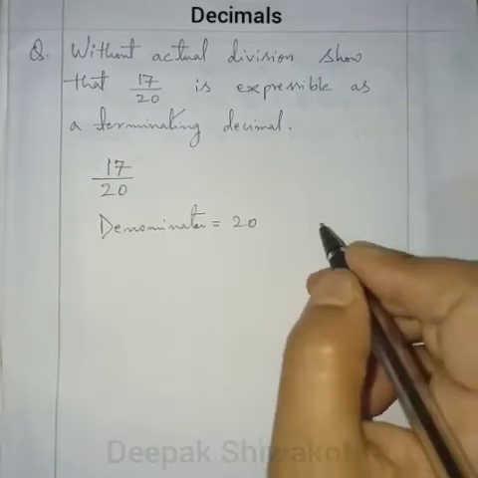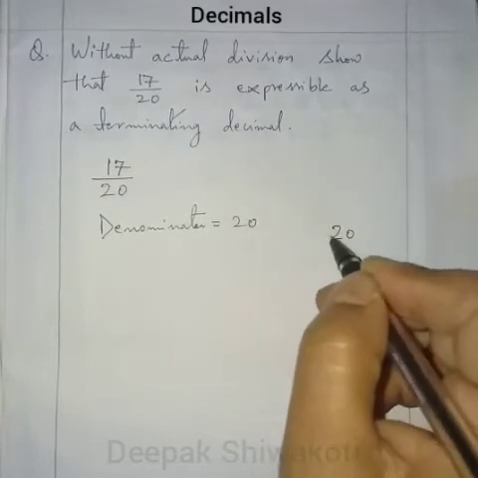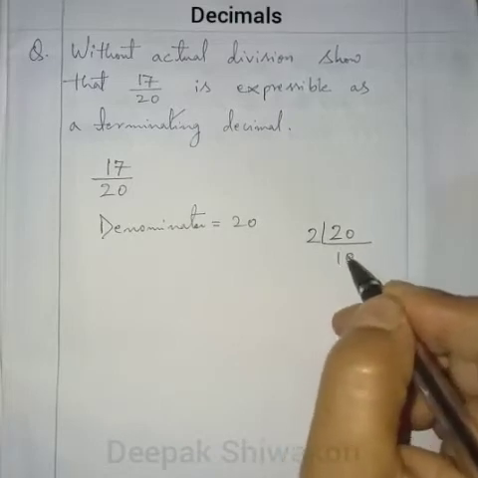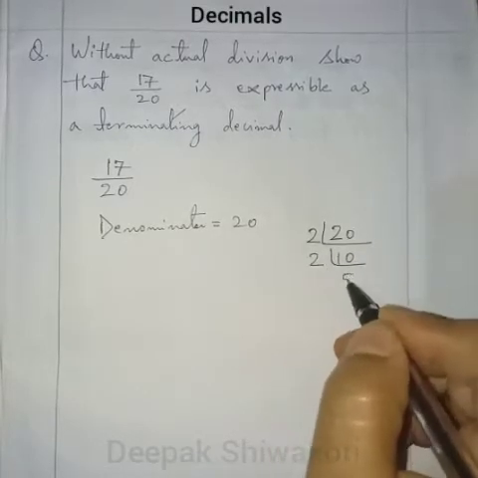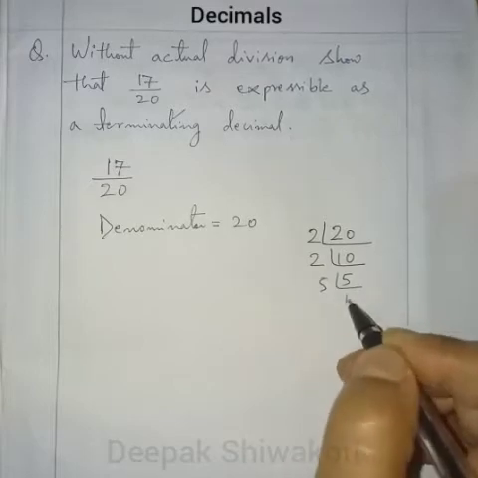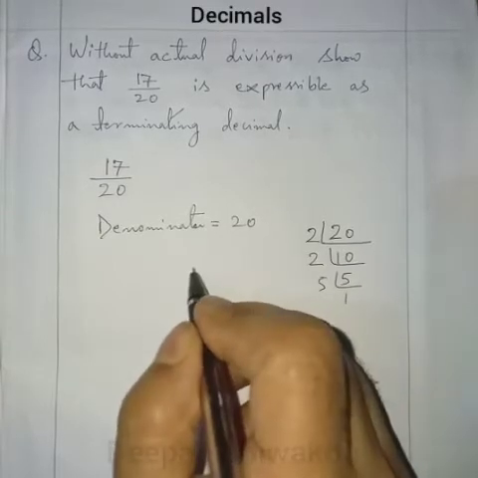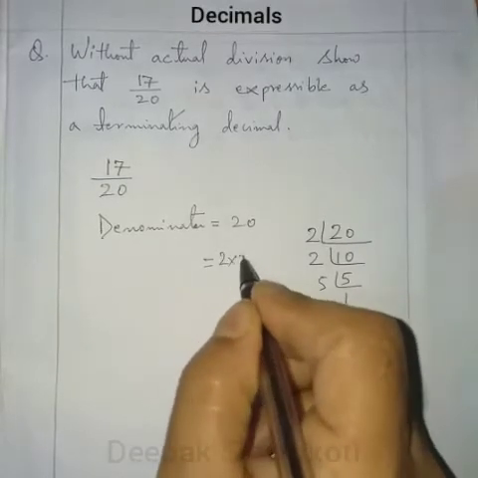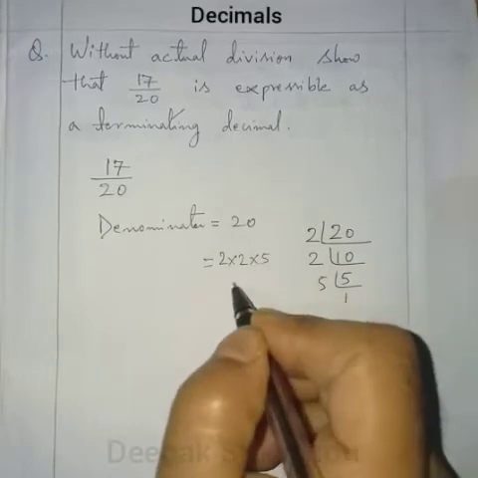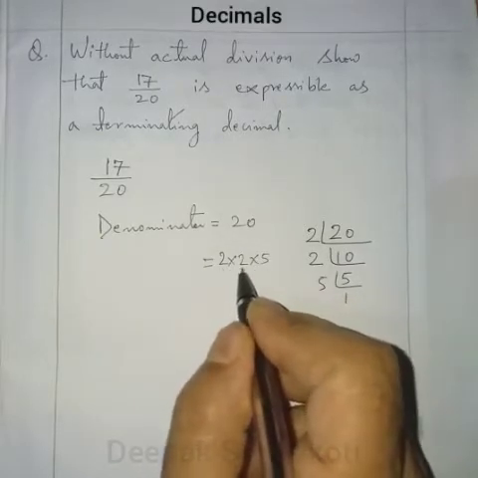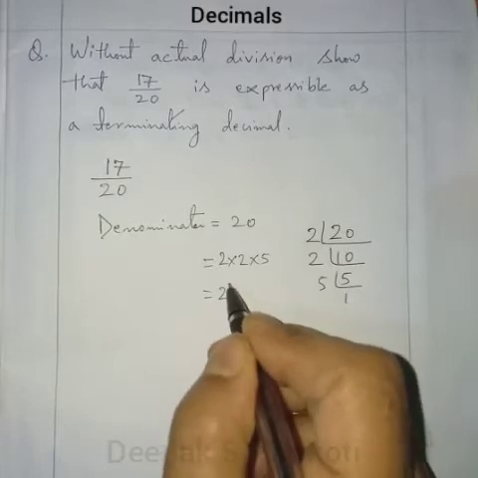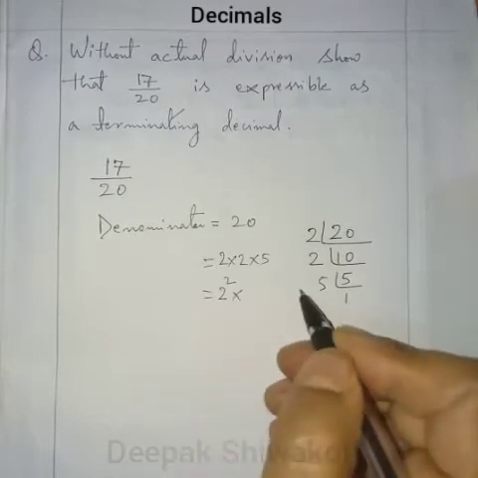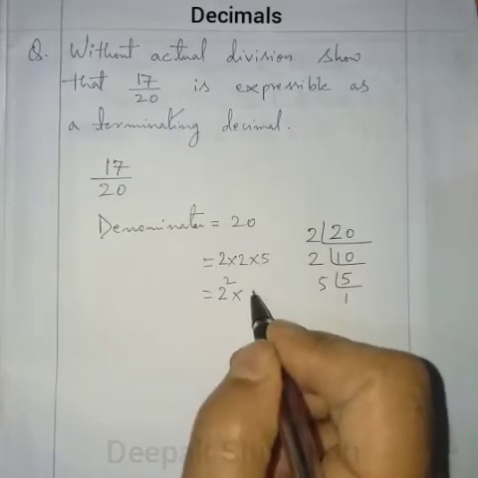So this denominator will be factorized. 20 will factorize here, going by 2. 2 10s are 20, 2 5s are 10, and 5 1s are 5. So the factors of 20 are 2 into 2 into 5. This 2 we can write in exponential form as 2 square, since there are two 2s, and 5 is only one.